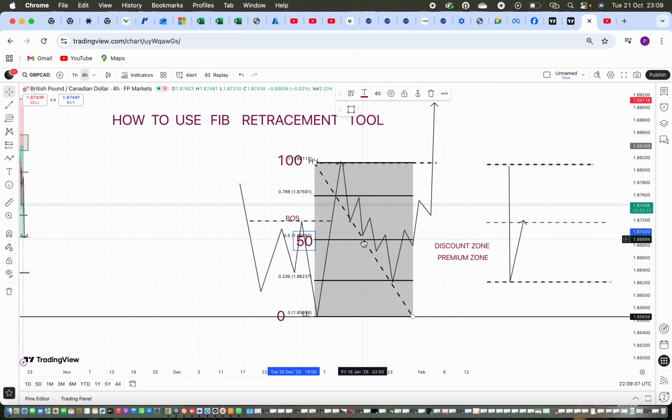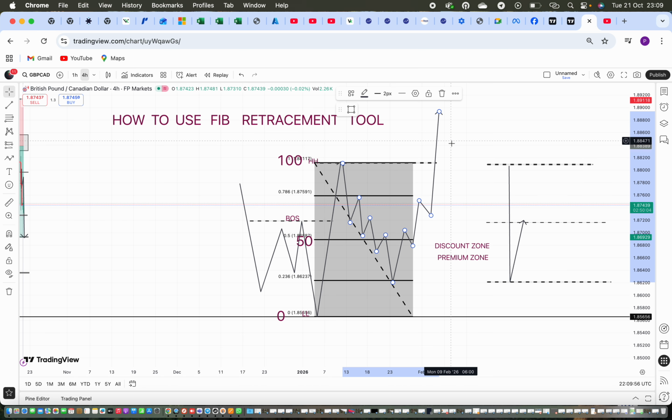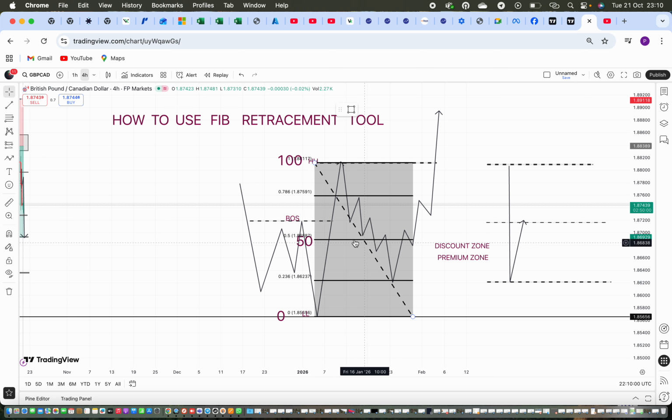So as a trader, if you are looking to apply this Fibonacci tool, Fib 2, into your trading routine or strategy, you should know that if you are looking for a continuation buy to the upside for price to create a new higher high, you must make sure that the pullback or retracement is below this 50%, so either 20 something or 30%.